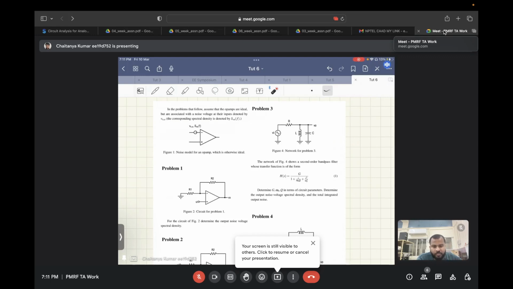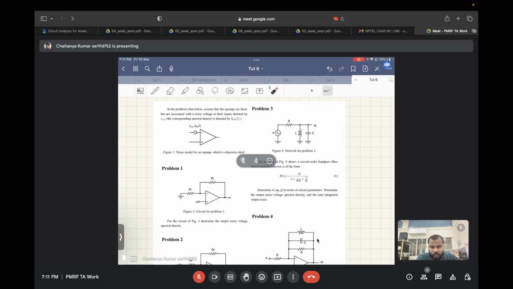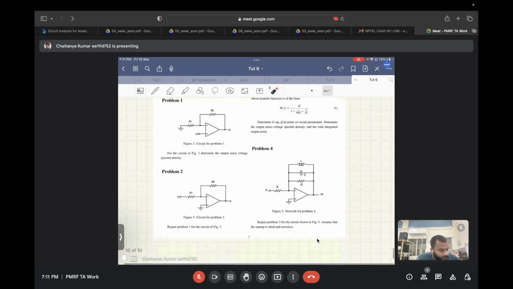I hope this should not be a problem. This is like done several hundreds of times. You can use any theorem you want. You can calculate it directly, you can use reciprocity, you can use inter-reciprocity, whatever you want. This is just asking for spectral density, so there should not be an issue.